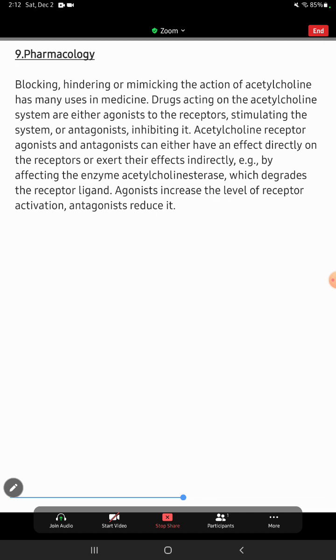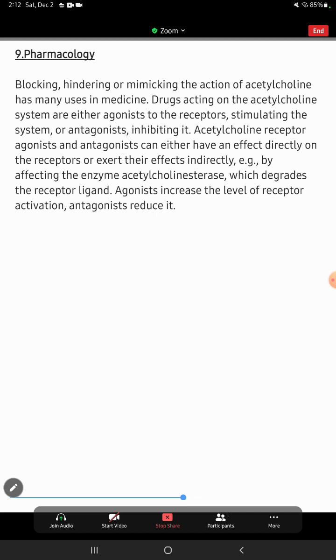Pharmacology: blocking, hindering, or mimicking the function of acetylcholine has many uses in medicine. Drug actions on the acetylcholine system are either agonists to the receptor, stimulating the system, or antagonists, inhibiting it. Acetylcholine receptor agonists and antagonists can either have an effect directly on the receptor or exert their effect indirectly, which means they have direct effect and indirect effect.